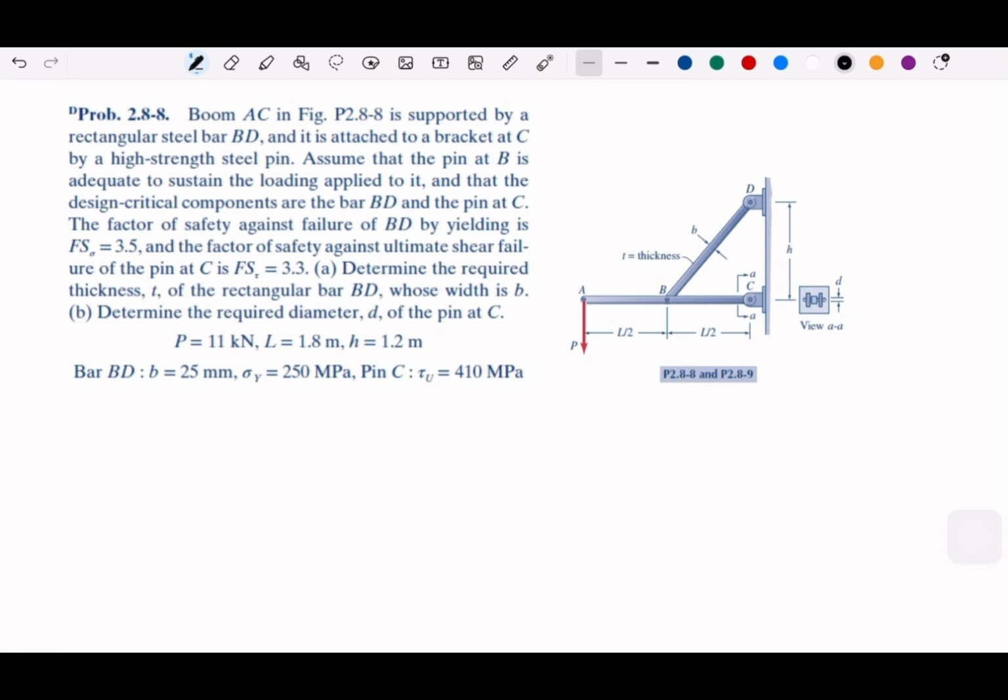From this diagram, the first thing we can try is making the free body diagram of all the forces.